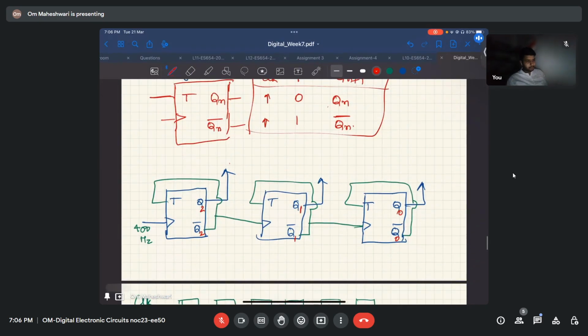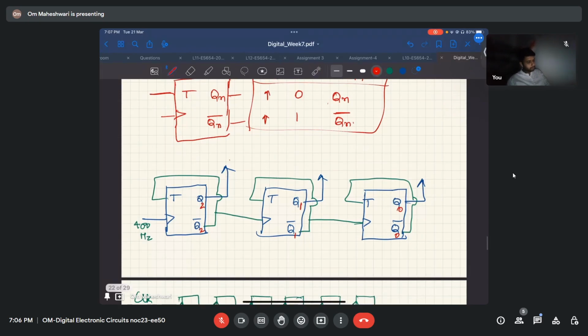So here what happens is at each stage the frequency is divided by 2. So if it was 400, it will be 200 hertz here. It will be 100 hertz here. It will be 50 hertz here.